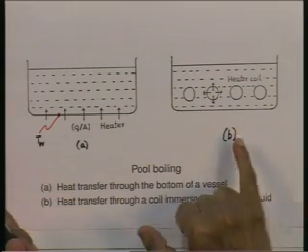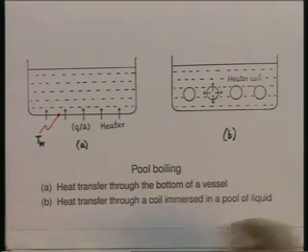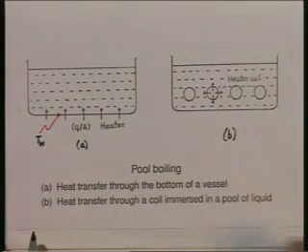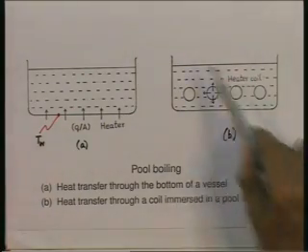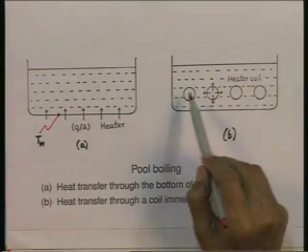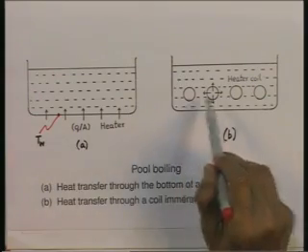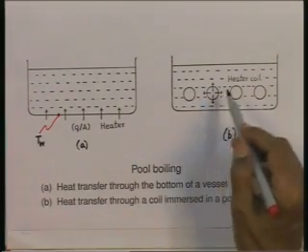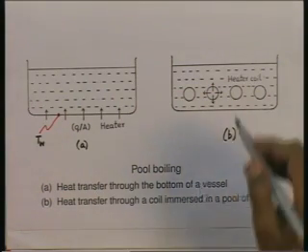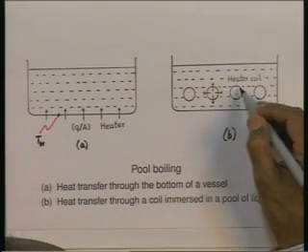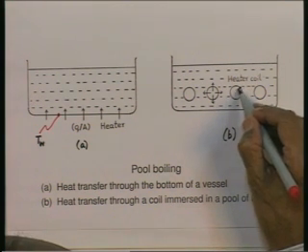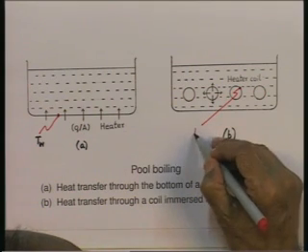Or in B, it is a slightly different example, in which we again have a pool of liquid in a vessel, but the heat is being added through a heater coil. That means, it could be an electrical heater coil which is immersed in that liquid, and heat is coming out of the surface of that heater coil. In which case, the surface temperature of this heater coil is what we mean by T w.